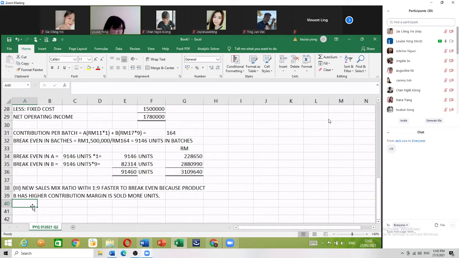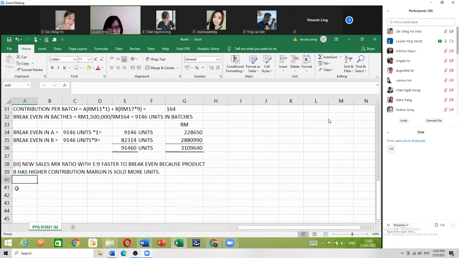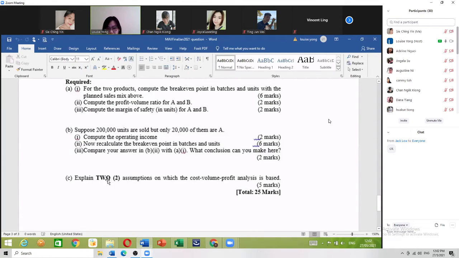Okay, so part C answer I will not give you because it is already in your PowerPoint notes. You have 7 assumptions, and you need to state 2 of them. For example, your CVP analysis here will be based on marginal costing, so you need to differentiate your cost behavior, let's say your variable cost and fixed cost, for example by using the high-low method.